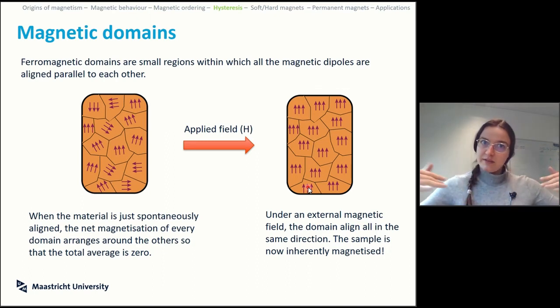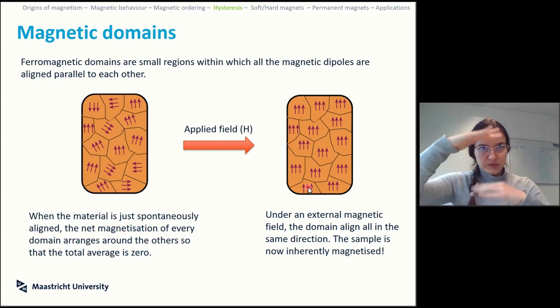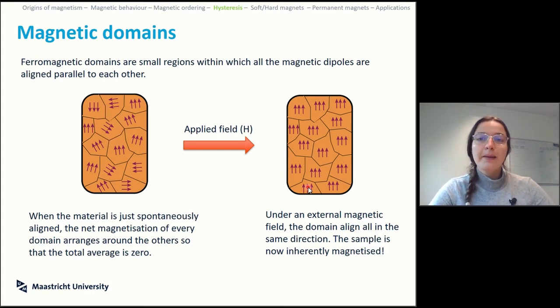This effect gives you the split in the zero field cooled magnetic line, and it's also the effect of magnetization of the material. The total magnetization is different from zero, and it is the reason why, against a magnetic field, a ferromagnetic material will have a delay of the reaction.